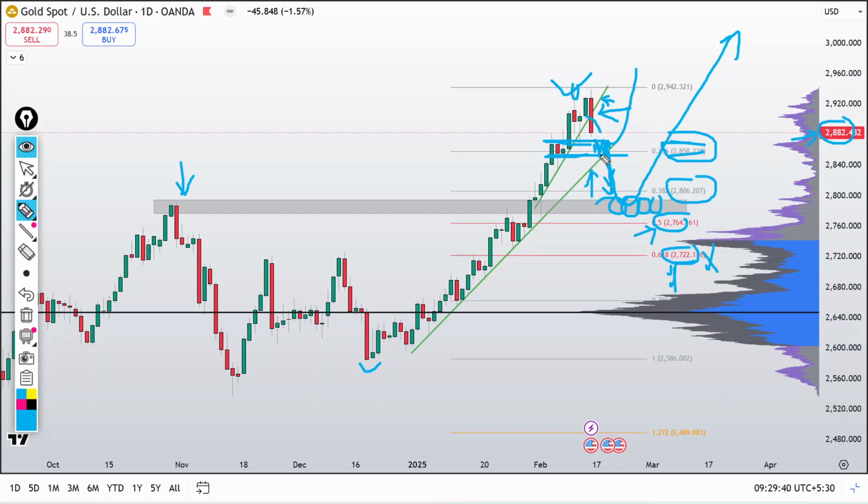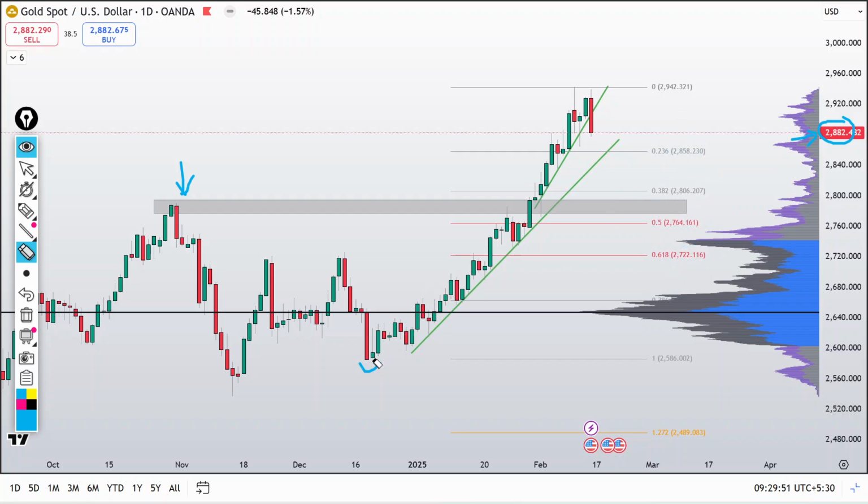So price can move down like this and retest this previous all-time high, and on this area we can look for another confirmation on price action, like price action patterns or any volume confirmation. Then this is a good rebuying opportunity for the target of 3000.